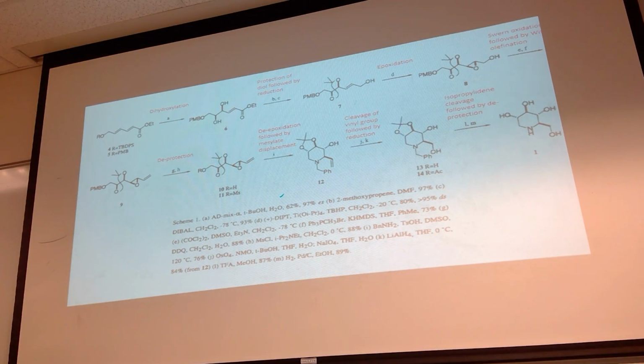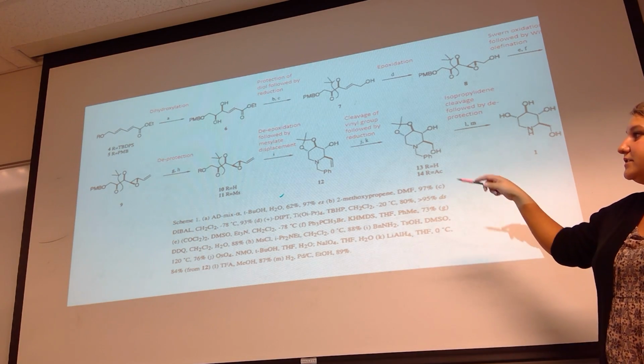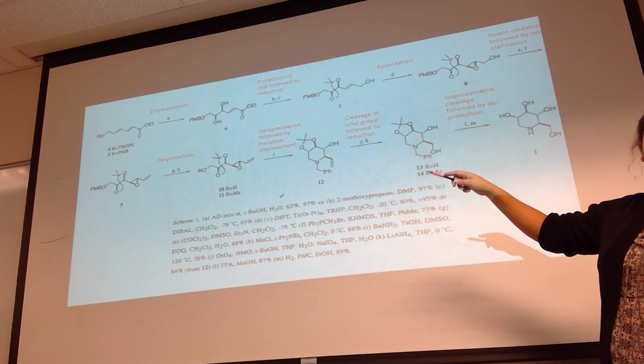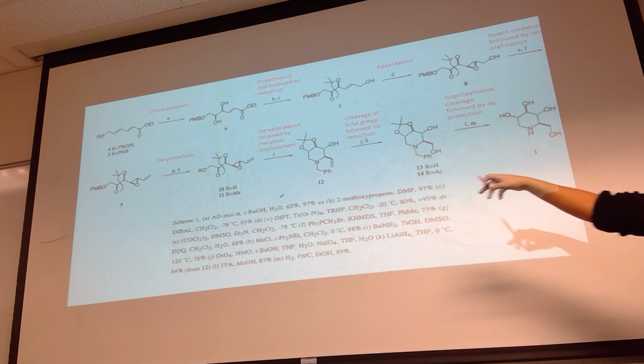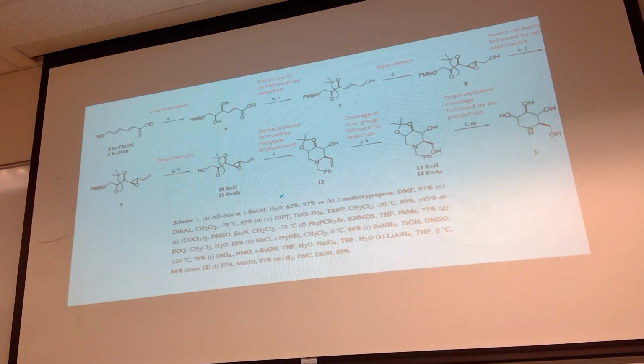And here's where they ran into a long list of problems, and Alex is going to talk about that on the next slide. They did a bunch of things and moved on to 11 because that was going to give their next product, which is 12. So he'll give more detail about that.